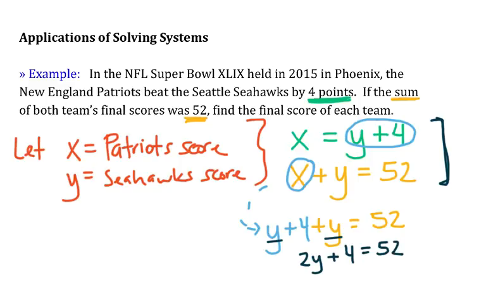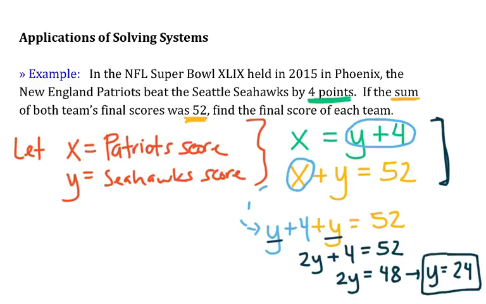Because of space, I'm going to tell you I'm subtracting 4 from both sides. I'm not showing it real well here, but I subtracted 4 from both sides to get 2y equals 48. And then my last step is I'll just divide both sides by 2. And when I divide 48 by 2, I get 24. So that is my solution for the variable y.